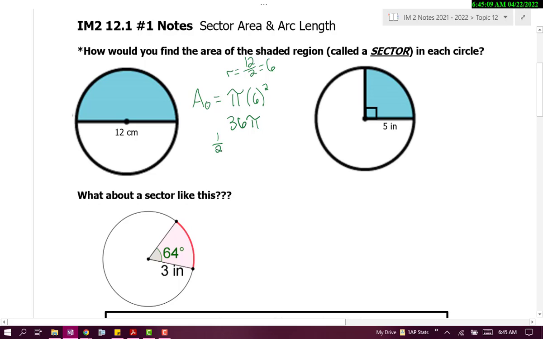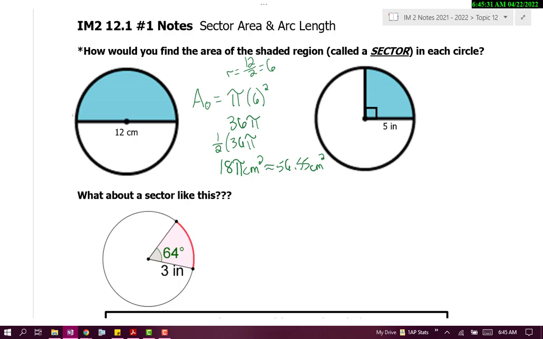Then 1/2 of 36 pi gives us 18 pi centimeters squared, or as a decimal, 56.55 centimeters squared. We'll literally just cut it in half because it's half our circle.